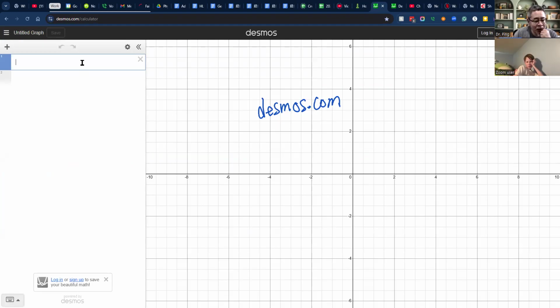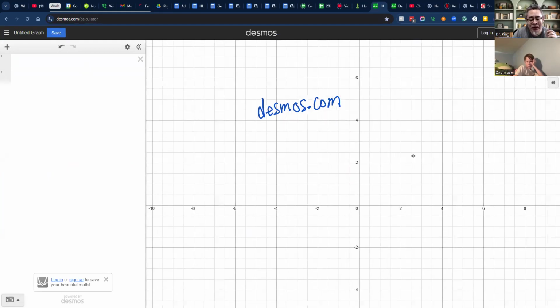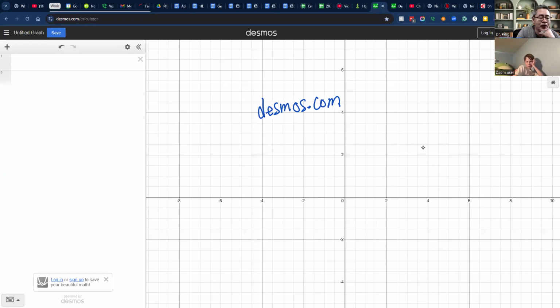So if we want to find something like a linear function's xy intercept, we have y equal to 3x plus 2. We type that in.